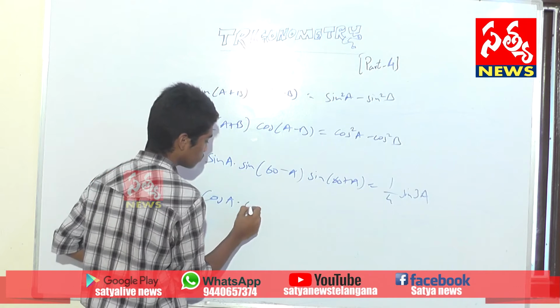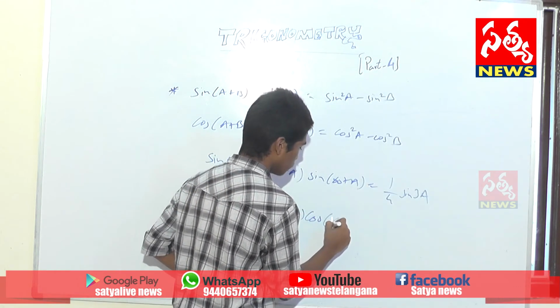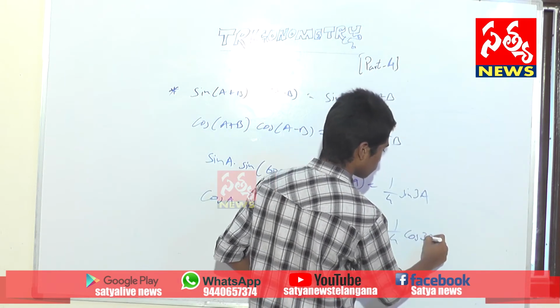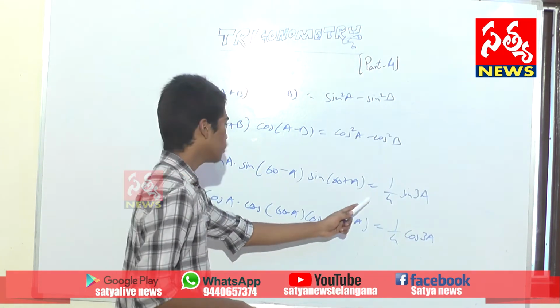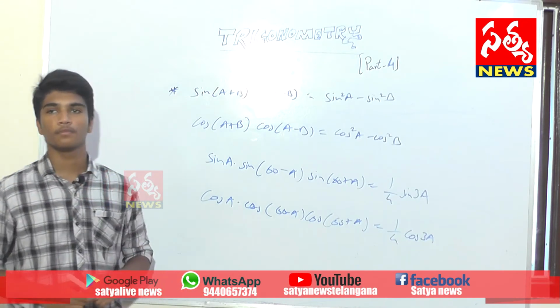And same as cos a into cos 60 minus a into cos 60 plus a is equal to 1 by 4 cos 3a. You can apply this direct formula. A can be any value.